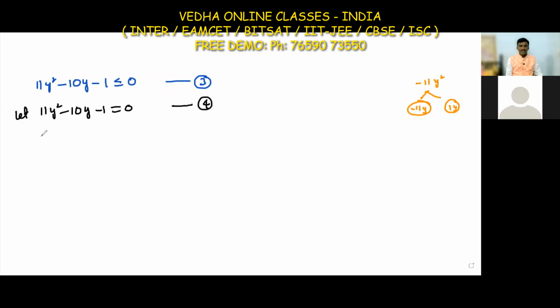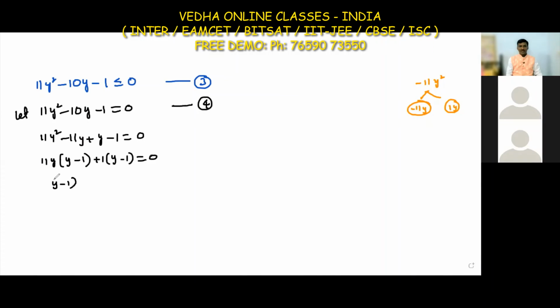So that is nothing but 11y square minus 11y plus y minus 1 equal to 0. Take 11y common, then y minus 1. Plus 1 common, then y minus 1 equal to 0. Take y minus 1 common, then 11y plus 1 equal to 0.